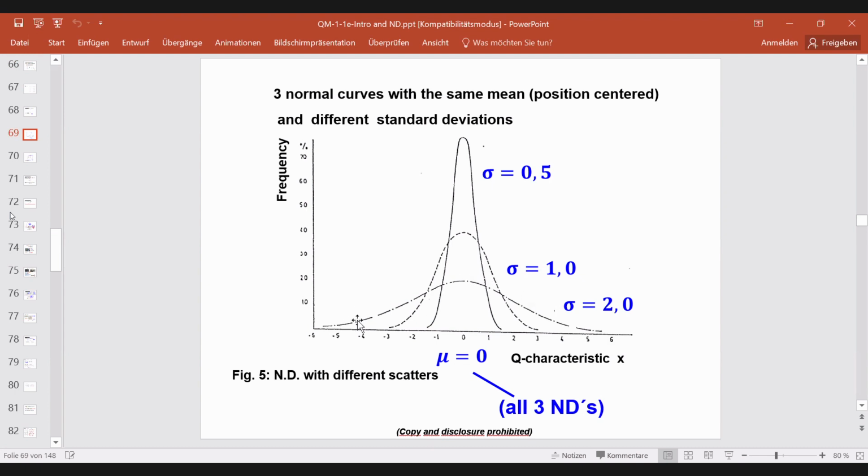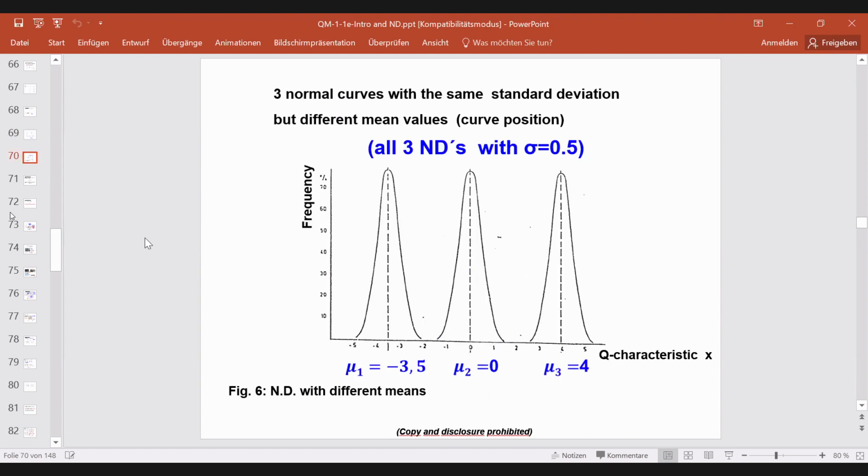So this is not a very good distribution regarding the precision of production. And this one here has a good precision of the production. So in every case, the mean value is the same for all 3 examples of normal distribution. In this sheet here, you see also normal distributions.